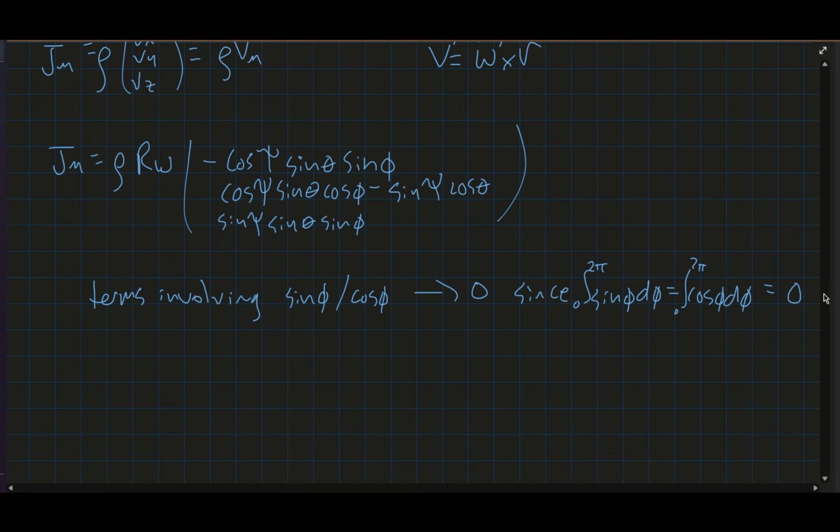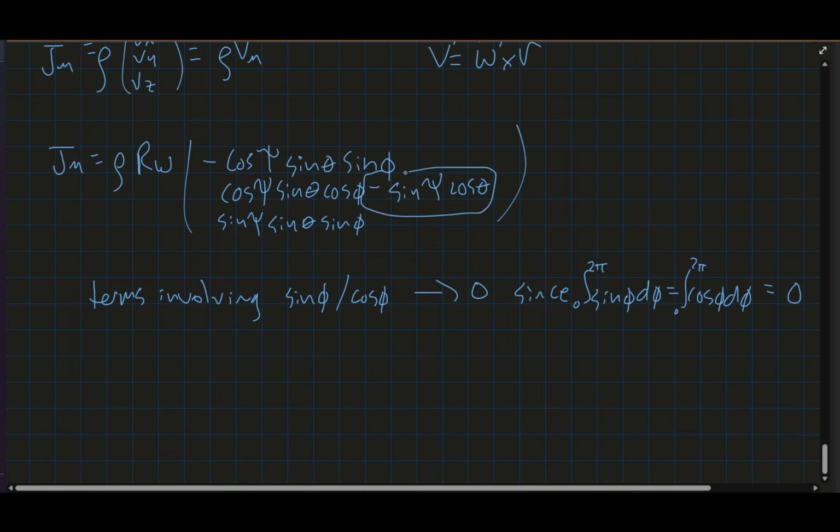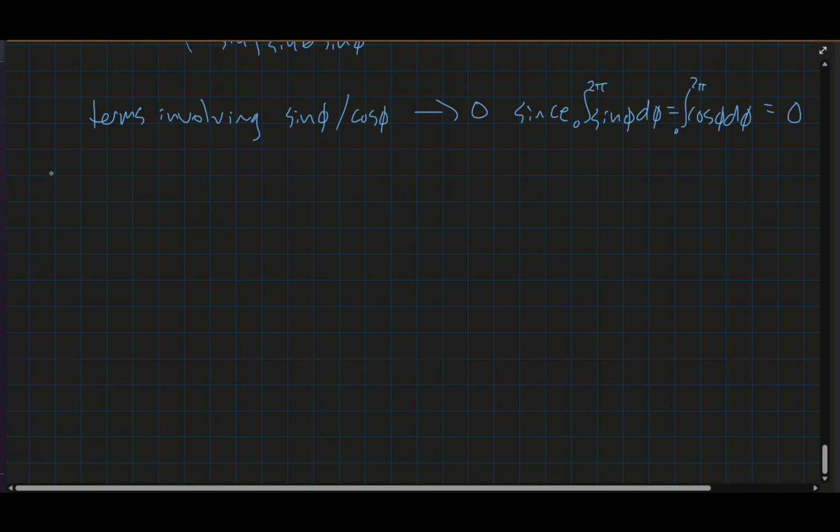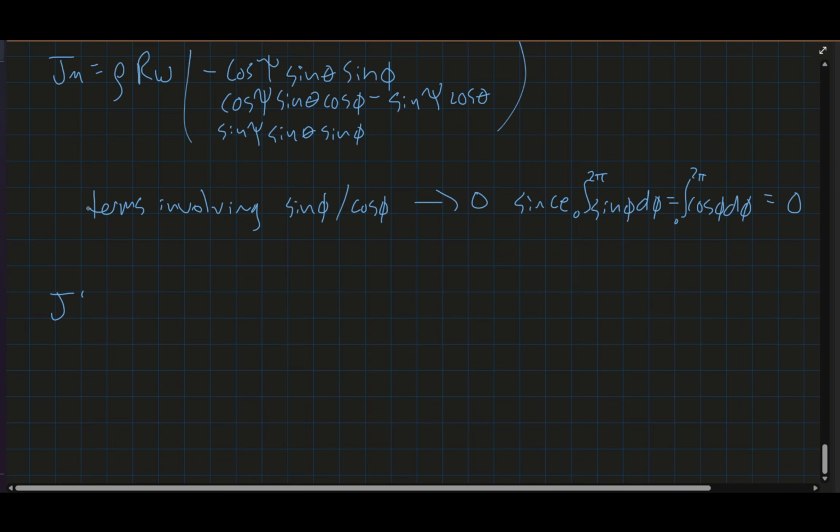It's just because of the symmetry of the functions, essentially. These integrals are going to evaluate to 0. So there's a bunch of terms we can set to 0, and the only term that actually survives after integration is this one here, the minus sine psi cos theta. So we're going to just call this j prime mu. It's like an effective j that we can use for the integration.